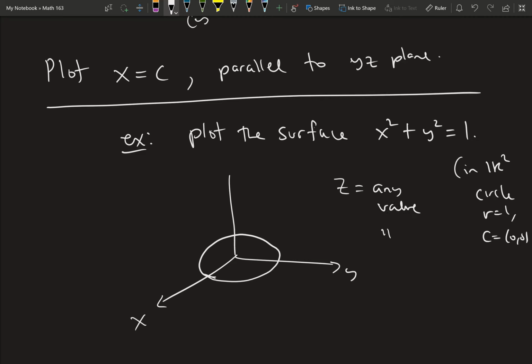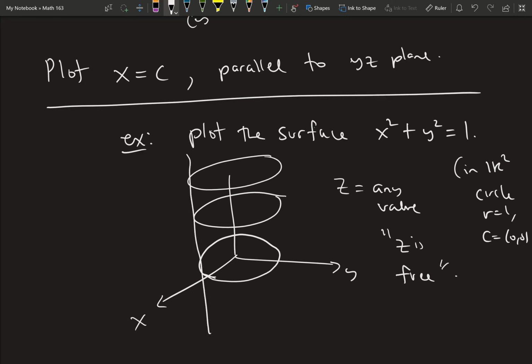Or in other terms, z is what's called a free variable. It's free to be anything. So you actually end up with these circles for every z value that exists, and if you include every single z value, you actually get this infinite cylinder, what's called a circular cylinder.